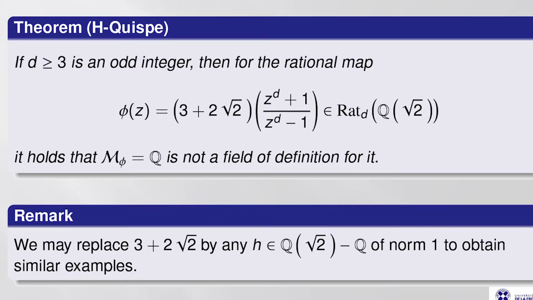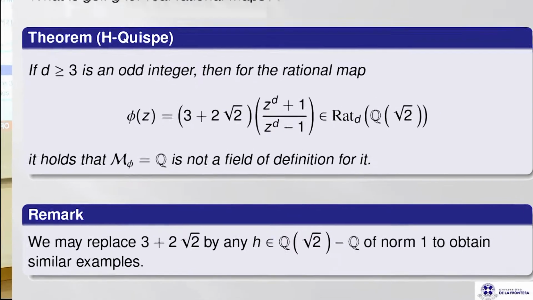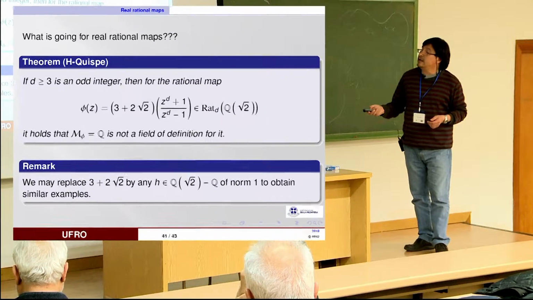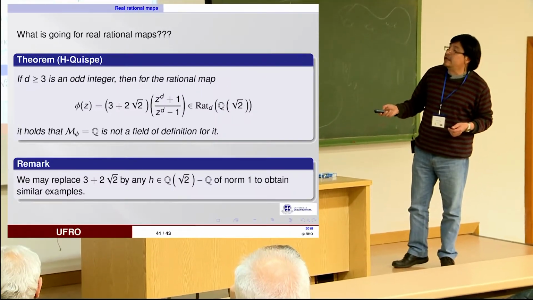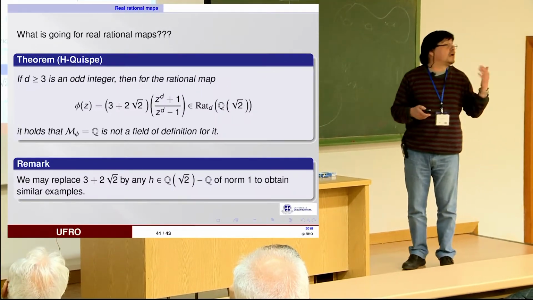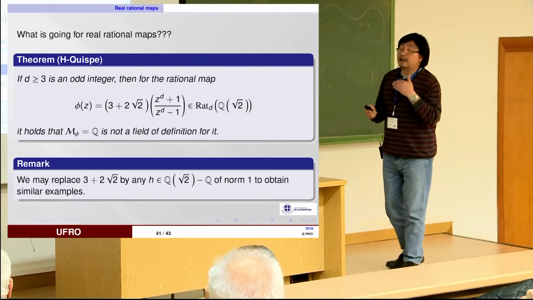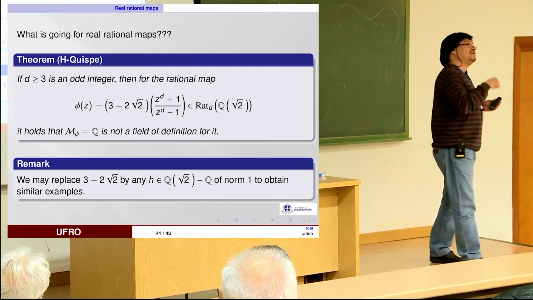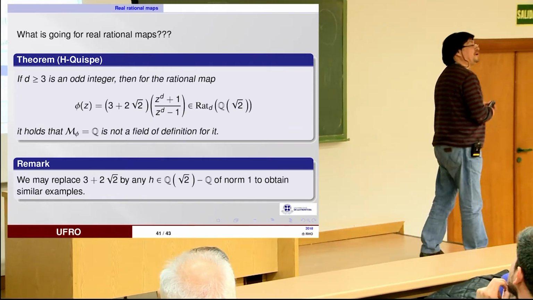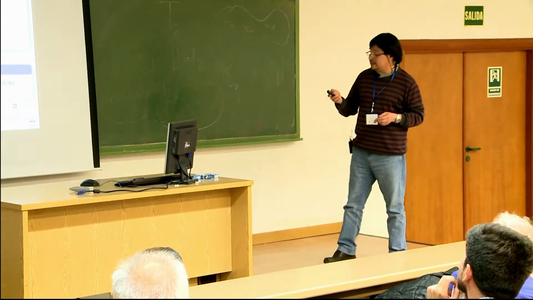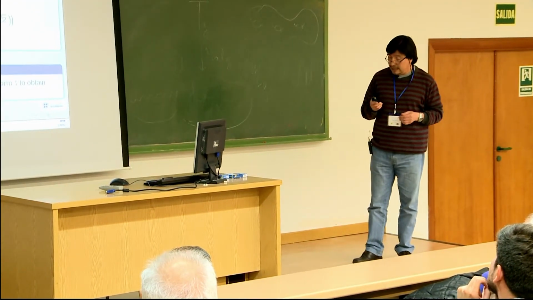Here the main role is that the coefficient we are showing here is an element in this quadratic extension of norm 1, so you can choose any one. And essentially playing with this is nothing difficult. But we were expecting the opposite. We were hoping that every real rational map could have been defined over the field of moduli. But this is an example, and many examples can be done.